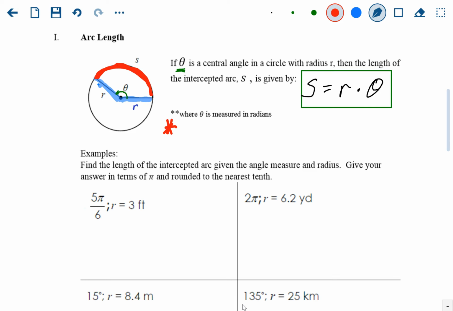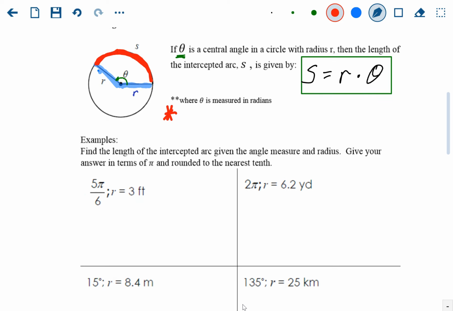Find the length of the intercepted arc given the angle measure and the radius. Give your answer in terms of pi and round to the nearest tenth. Okay. Now generally, I don't make you do it in terms of pi. Because most of us are just going to type this into our calculator. And arc length is a distance, so it being in terms of pi doesn't really make sense.